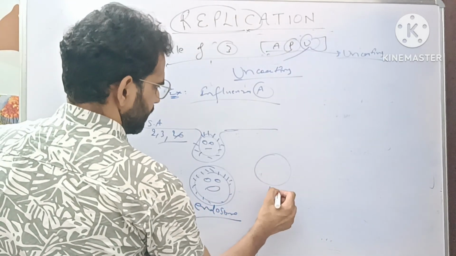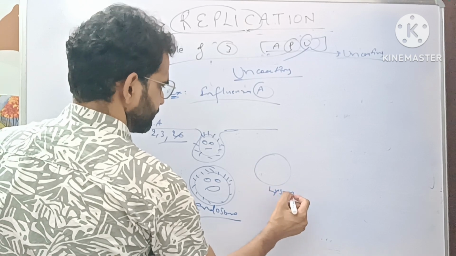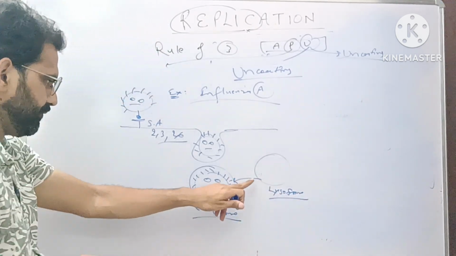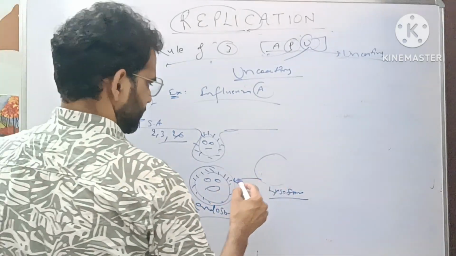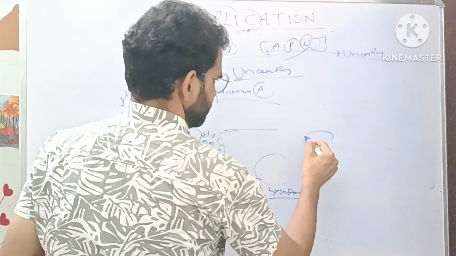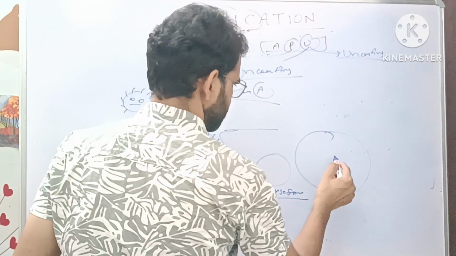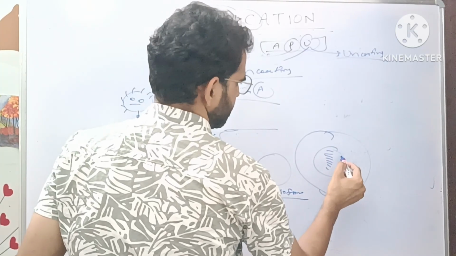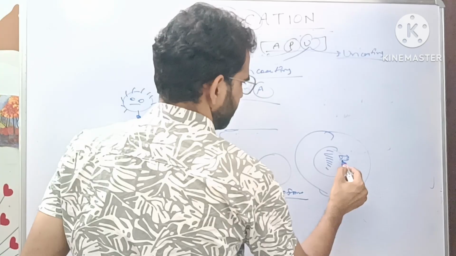Inside the cell we have lysosome. This lysosome fuses with this structure. Then there are 8 segments, and then we have the M2 channel.